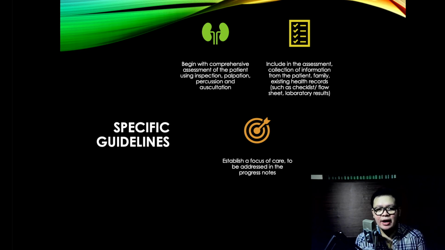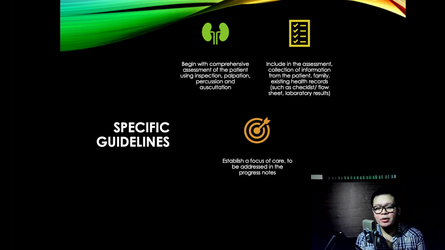And next, you have to make sure that you also look into the chart of the patient, because sometimes laboratory results do help. And at the same time, by looking into the laboratory result of the patient, you will be able to identify what particular condition the patient is experiencing.